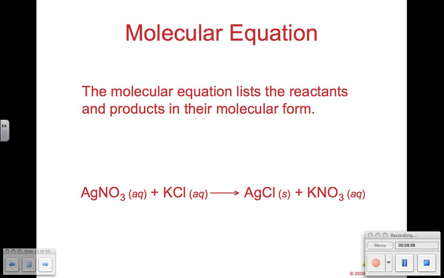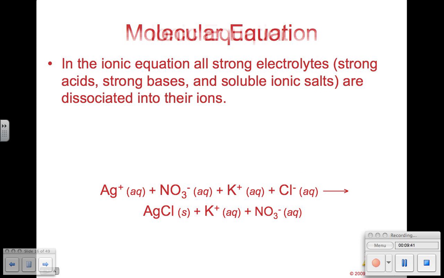Next, the molecular equation lists the reactants and products in their molecular form. We kind of talked about this already. But then we have what is called an ionic equation. An ionic equation is when, if something is aqueous, you take the different entities and split them apart, because if they're aqueous, the ions are floating around and aren't actually linked together.